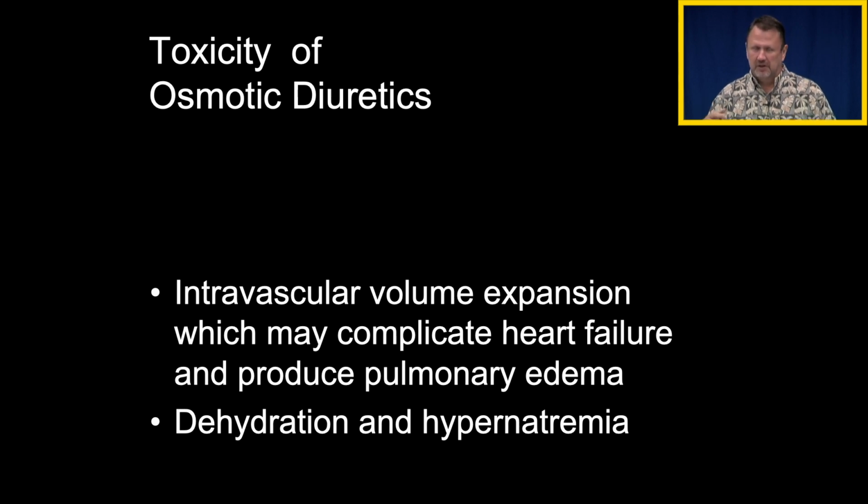But at first, they're going to increase vascular volume. So intravascular volume expansion, which happens immediately after it's placed in IV, can make heart failure and produce pulmonary edema. And so if you use a lot of osmotic diuretics in an ICU setting, that's one of the first things you'll see, this intravascular volume expansion. And then it ends up in the filtrate, and then we can see urine volume expansion.